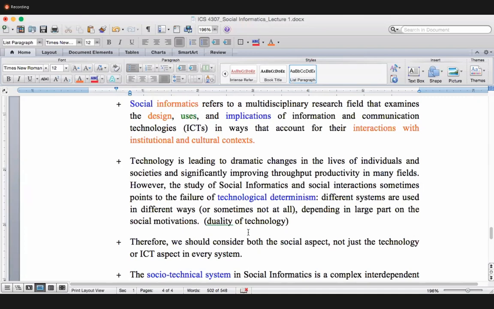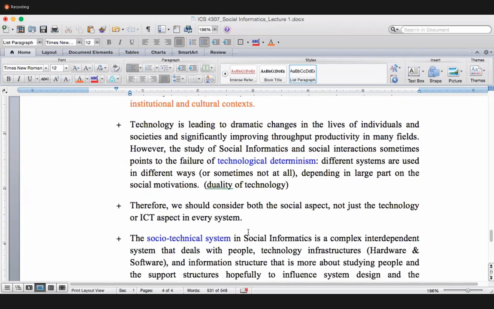Is this thing good for the people? Is it going to promote the well-being of the people? Not just the technology itself, where you do something which becomes problematic. That is what we call socio-technical systems in informatics, which is sometimes a bit complex.